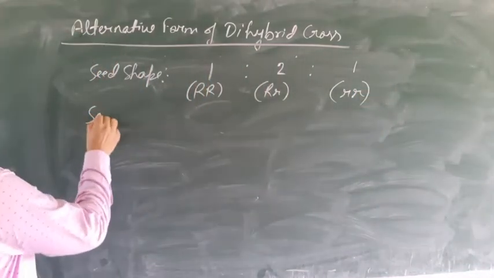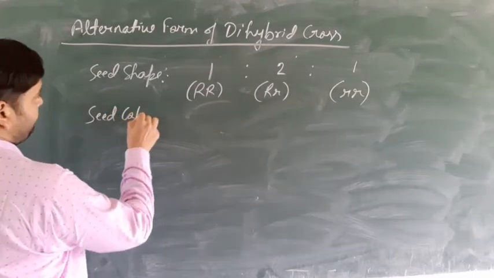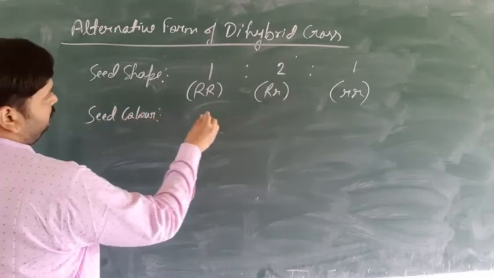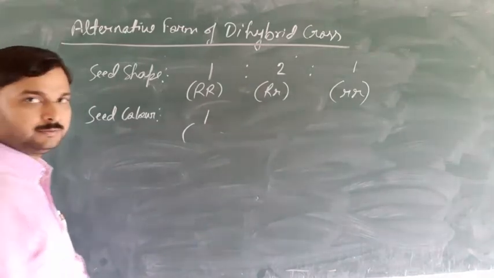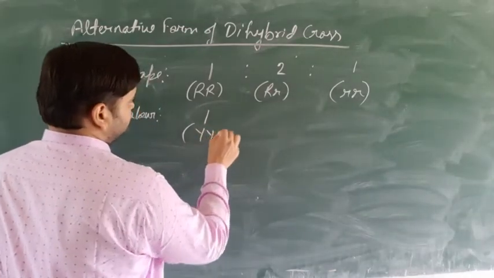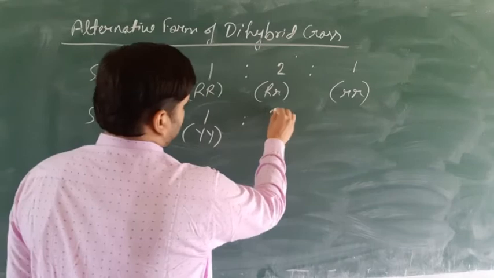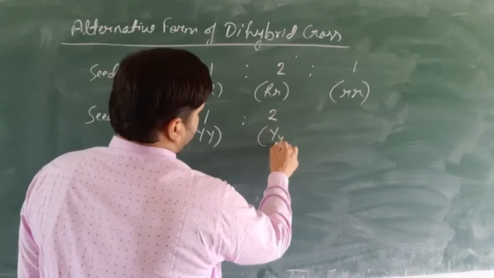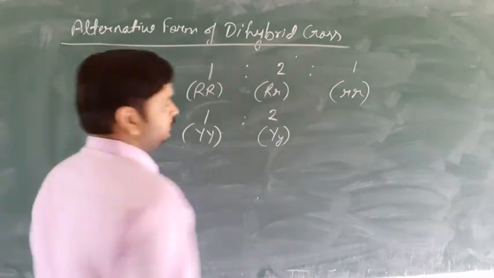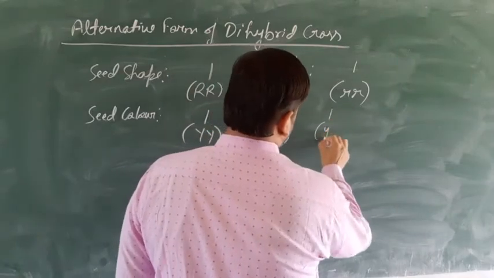Then seed color: 1 will be capital Y capital Y, 2 will be capital Y small y, and 1 will be small y small y.